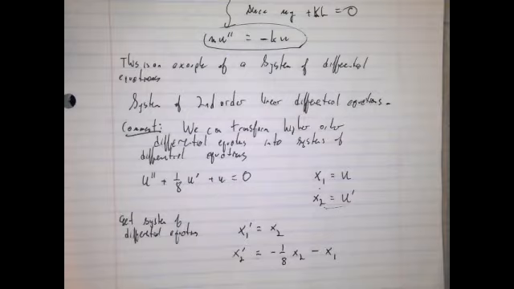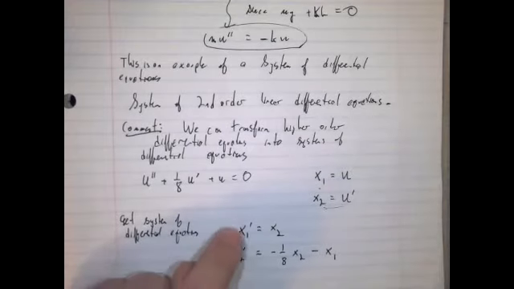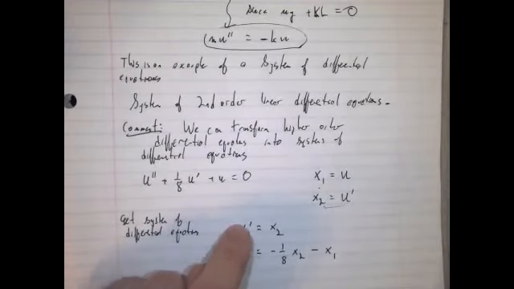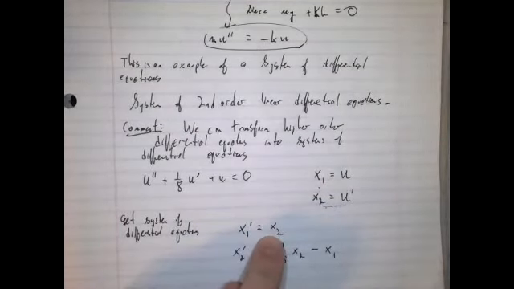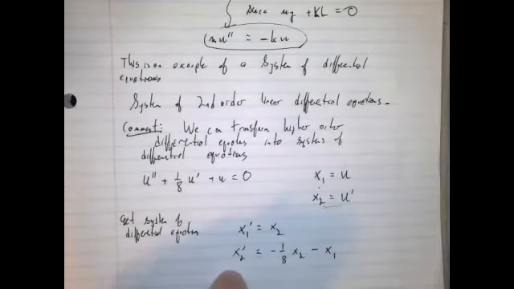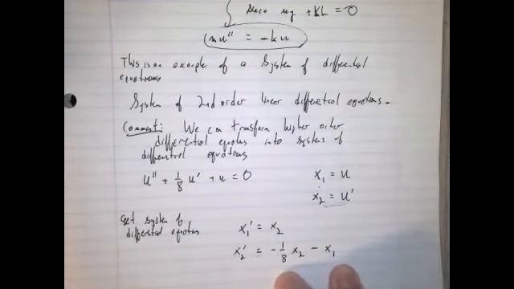The downside, or the fact that maybe suggests that we haven't actually made progress on the problem and we've just transformed it into a new difficult problem, is the fact that now our differential equations involve several functions. In particular, the derivative of the first function is equal to the second function, and the derivative of the second function involves both of the original functions, x1 and x2.